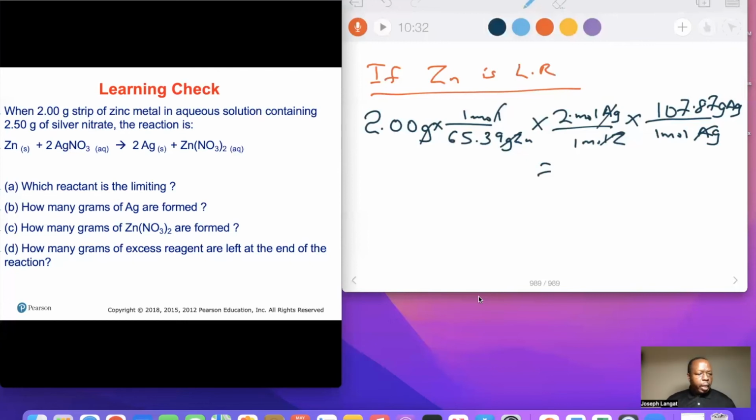From the calculation, we end up with 6.60 grams of silver if all the 2 grams of zinc metal is consumed.